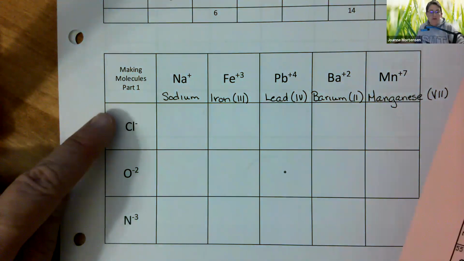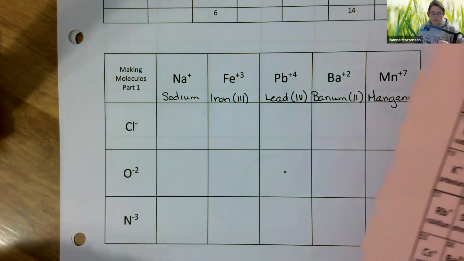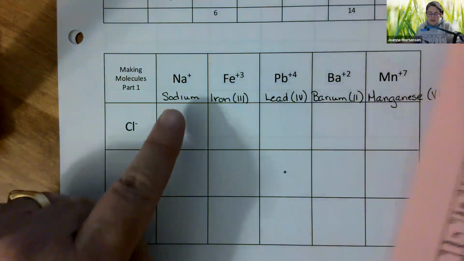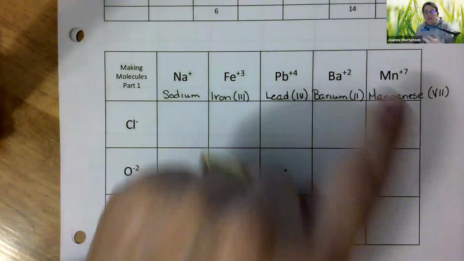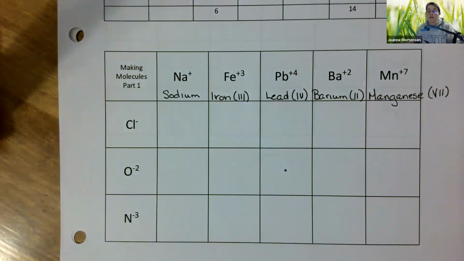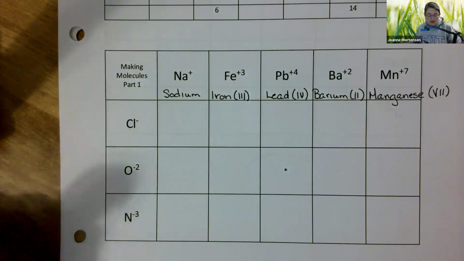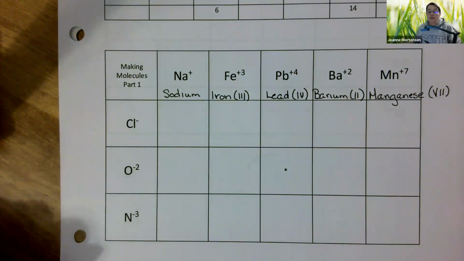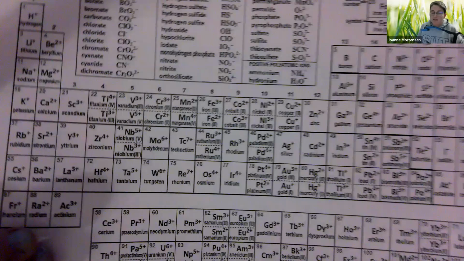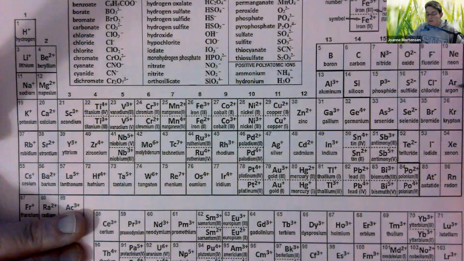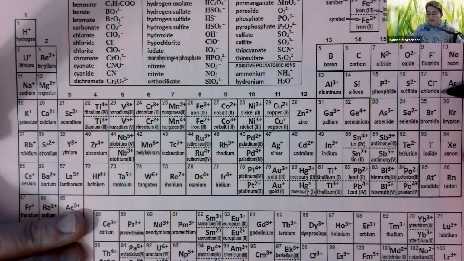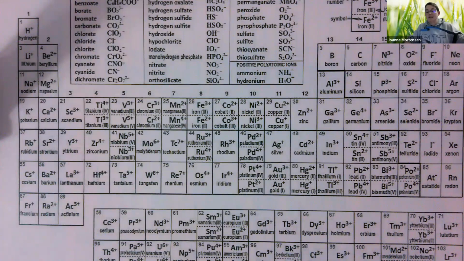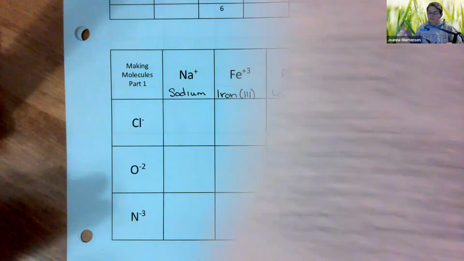Now we need to do these ones down this side. So if you remember, for the positive ones, you just name the element, and sometimes you need to put a number behind it. When you have the negative part of the ion, that's where your names are going to change for sure. So when we look on this chart, no matter how hard we look, we're not going to find chlorine, but we will find chloride.